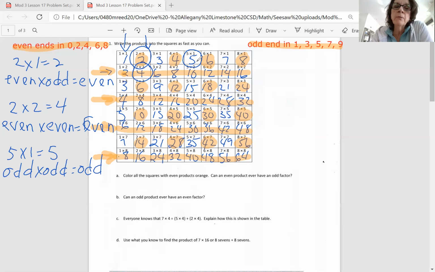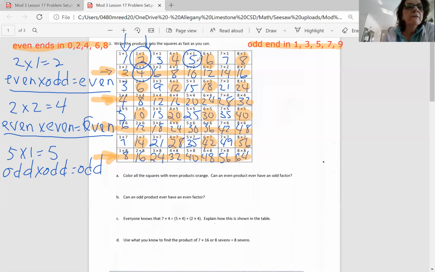So in our multiplication equations, we can have an even factor and an odd factor. If we multiply those, we get an even product. We can have an even factor and an even factor, like in this example. And when we multiply those, we get an even product. And last but not least, we could have an odd factor times an odd factor, and that would give us an odd product.